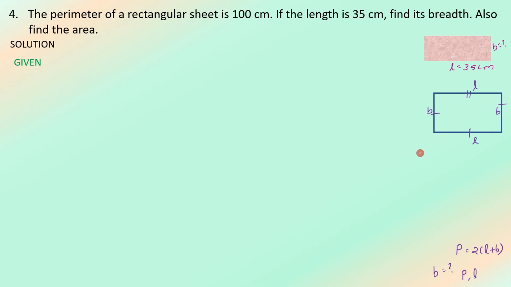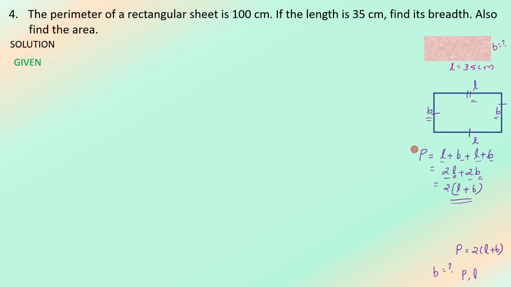So here perimeter of this rectangle will be L plus B plus L plus B, that is equal to L plus L, that is 2L, plus B plus B, 2B, that is equal to, here you can see 2 is common for these terms, so we can take 2 outside. What is remaining here? It is L, then plus, here it is B. This is how we get the formula.